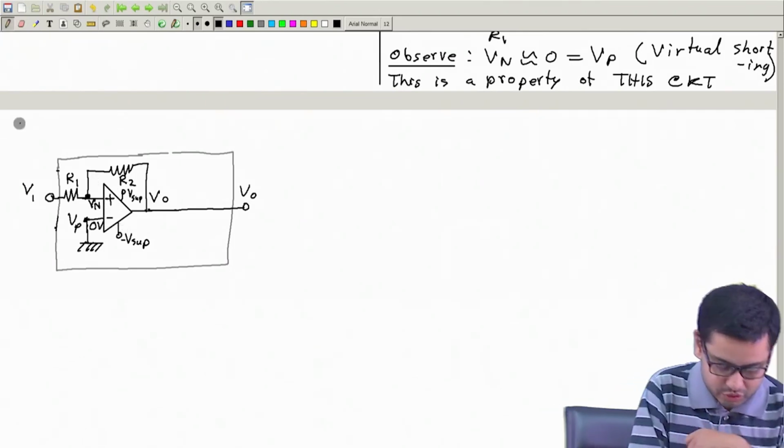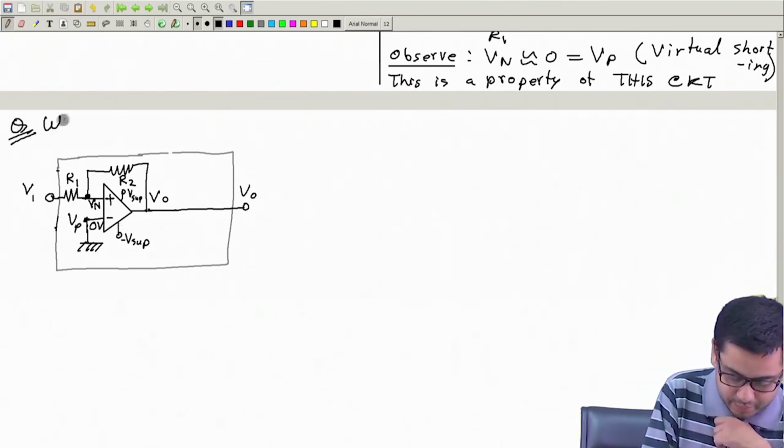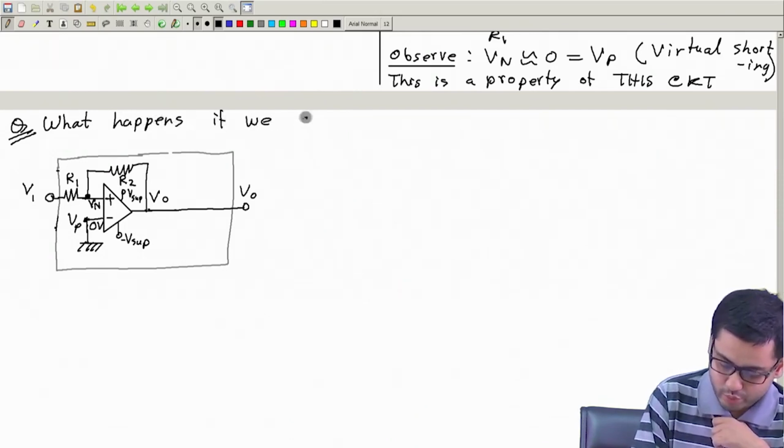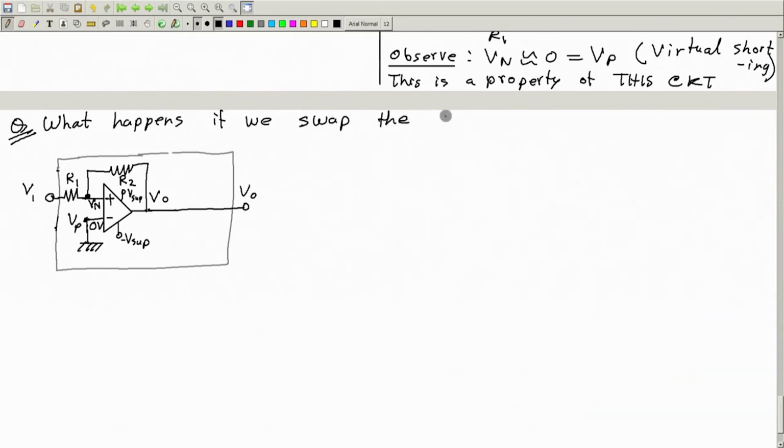Okay, so the question is, what happens if we swap the inverting and non-inverting terminals, plus and minus inputs, in an inverting amplifier? Originally it was an inverting amplifier.